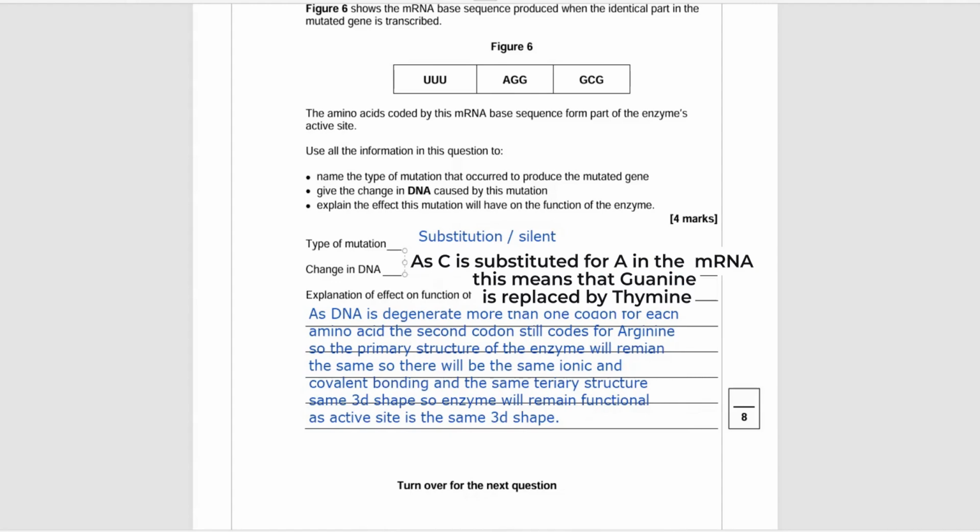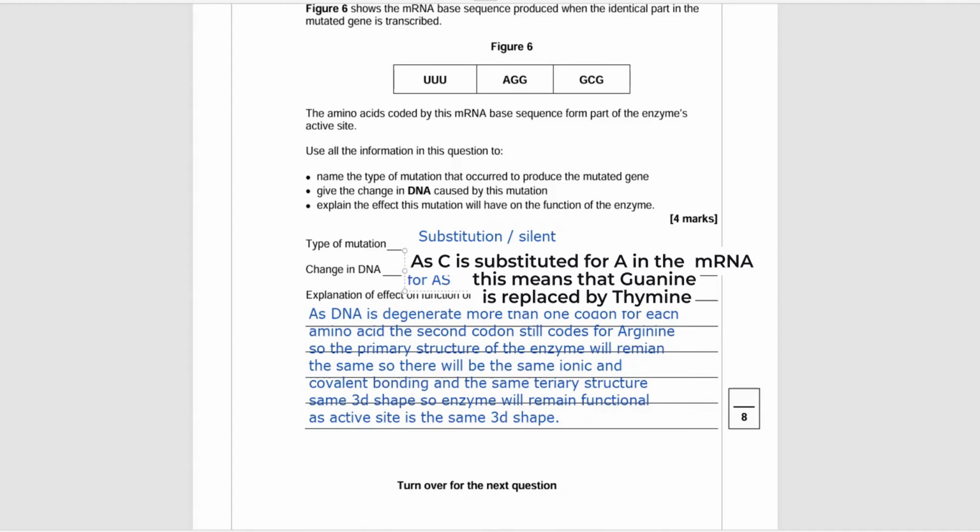And now for the second mark, it says the change in the DNA. Well, the change in the mRNA was C to A, so cytosine was swapped to adenine, and that means that in the complementary DNA template that coded for the mRNA, the swap was guanine to thymine.